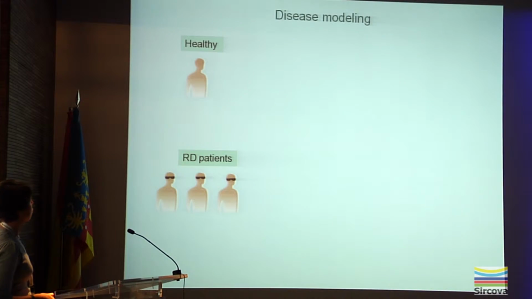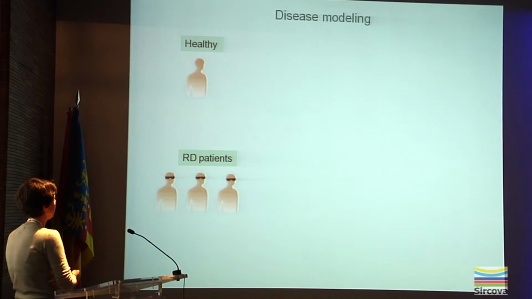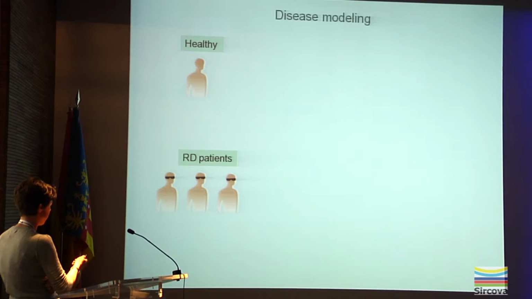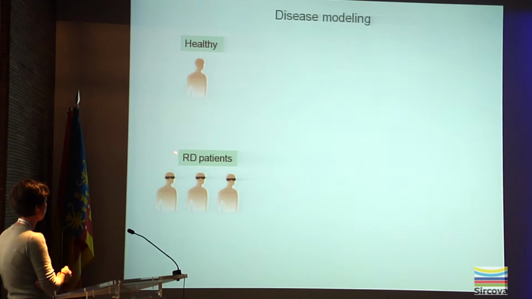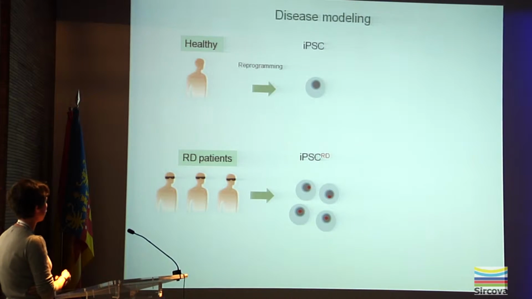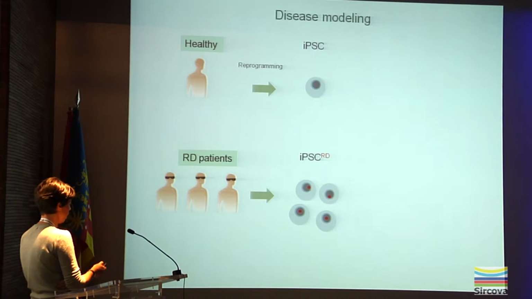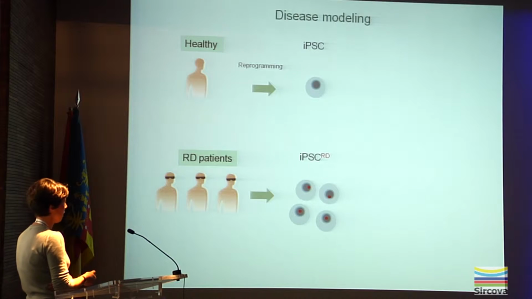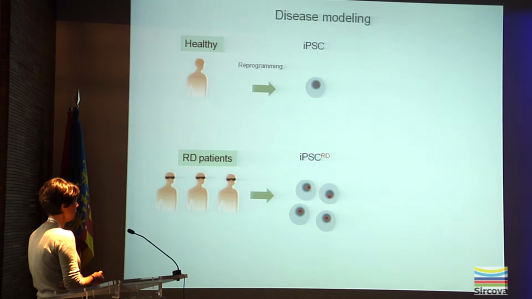The stages when we want to make a disease model are as follows. We need to obtain somatic cells from healthy patients, and also from patients having a retinal dystrophy. We expand our somatic cells and reprogram them into iPS cells. In this case, we are going to obtain normal iPS cells, and in this case, we are going to obtain iPS cells which still bear the genetic defect.